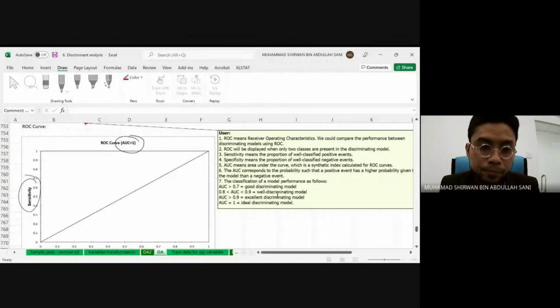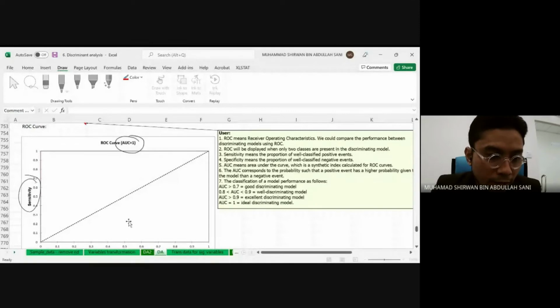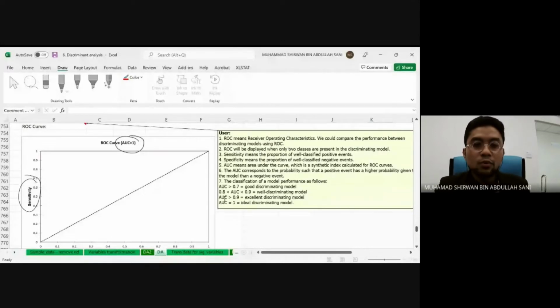Yeah. The classification of model performance is as below. Okay, so based on this AUC, any AUC value more than 0.7 is a good discriminating model. Between 0.8 and 0.9, we classify as a well discriminating model. AUC more than 0.9, which we acknowledge as excellent discriminating model. AUC which is equal to 1 indicates an ideal discriminating model.